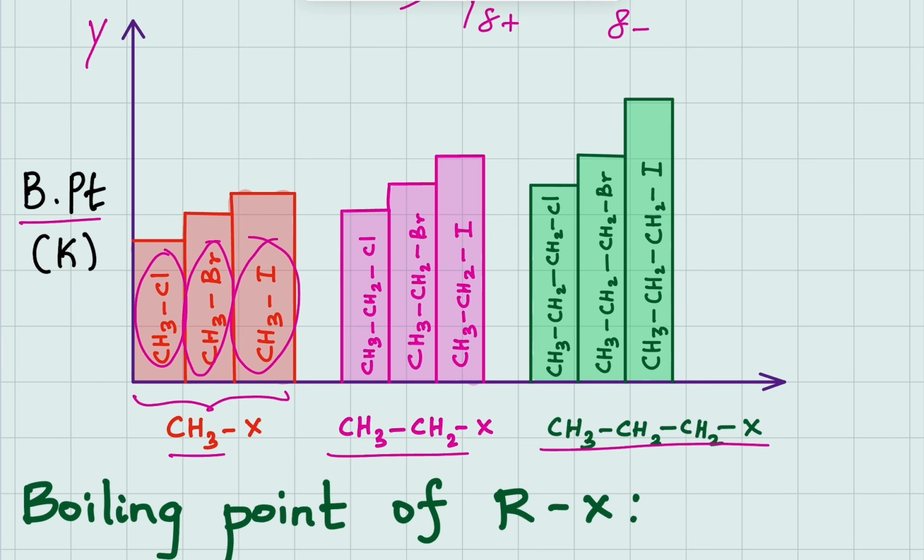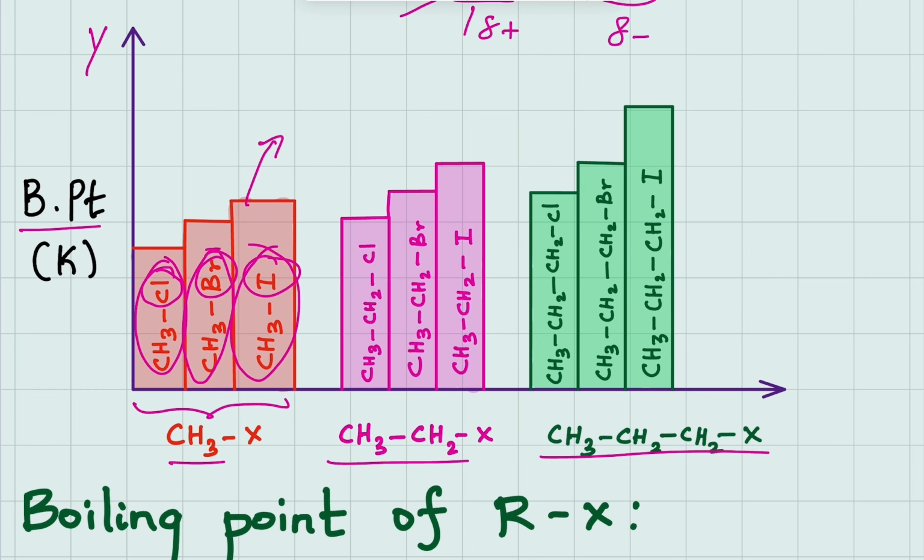Here the number of R groups is similar, but the halogen is different. The methyl iodide has the highest boiling point. The reason is the largest atomic mass and size, which result in stronger London dispersion forces. That is why the boiling point increases.